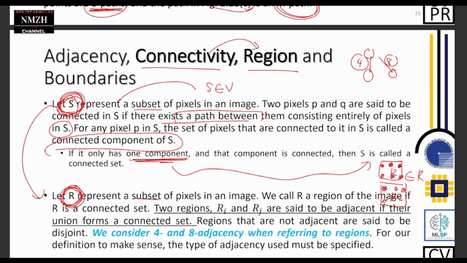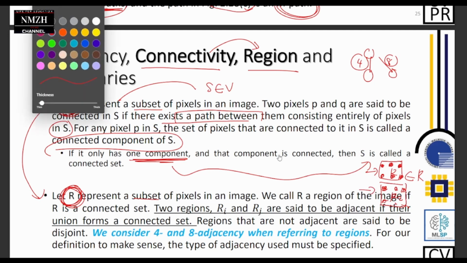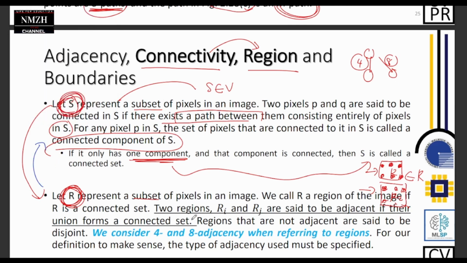The two regions are said to be adjacent if their union forms a connected set, where connected has been described clearly, as discussed over here. So here we need to consider 4 and 8 adjacency when referring to regions, meaning these two regions must have 4-adjacency and 8-adjacency at the same time for our definition.